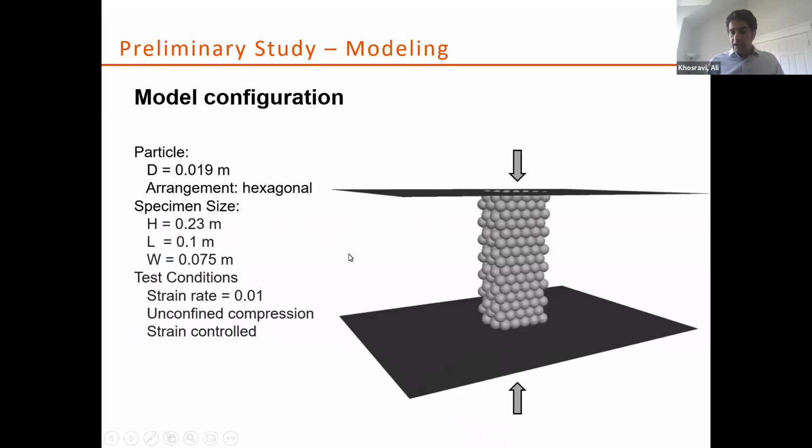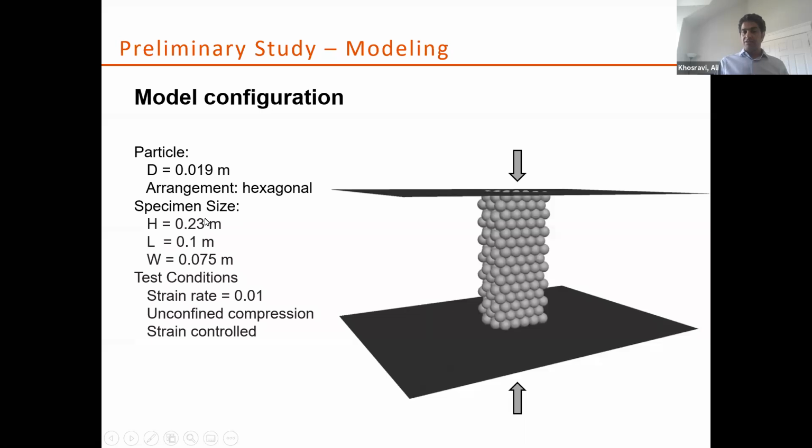At this part of the study, we decided to develop a model and do these simulations for this parametric study. The model configuration we considered for the simulation, you can see it here. It's similar to what G et al. considered for their study. Particles have a diameter of 1.9 centimeter, arranged hexagonally.